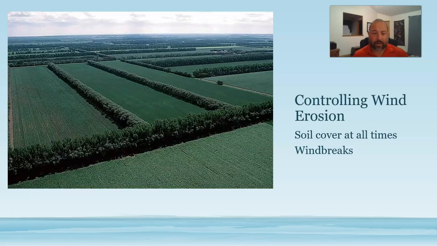Windbreaks are the idea of planting trees or shrubs or something larger than the crops that we have in between our fields. And usually you want to do that perpendicular to the wind so that the wind has to hit it and basically has to lose energy by fighting its way through whatever barrier you've used as a windbreak, whether that's shrubs or trees or whatever.